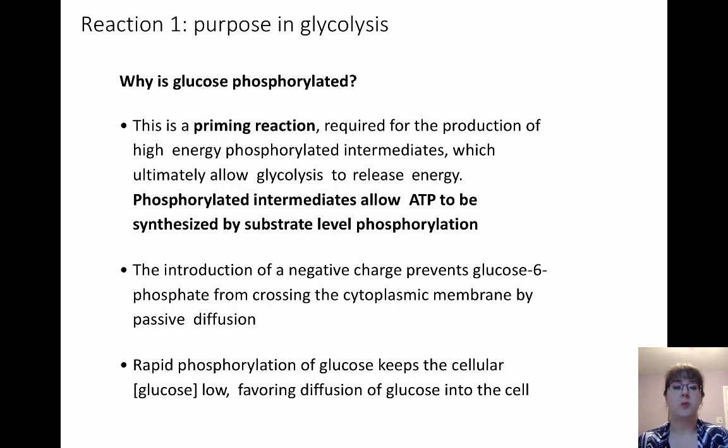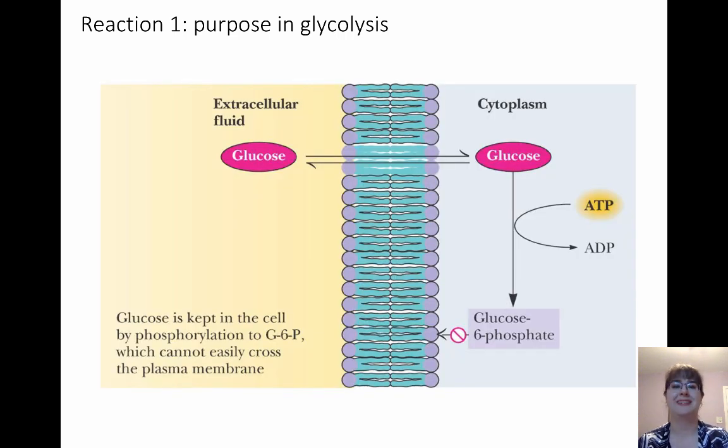The last one then is that rapid phosphorylation of glucose is going to help the cellular glucose concentration stay low. So when we're talking about this notion of glucose coming into the cell, this is just going across the lipid membrane. The thing is that the more glucose that is outside the cell, the more that will want to come in.